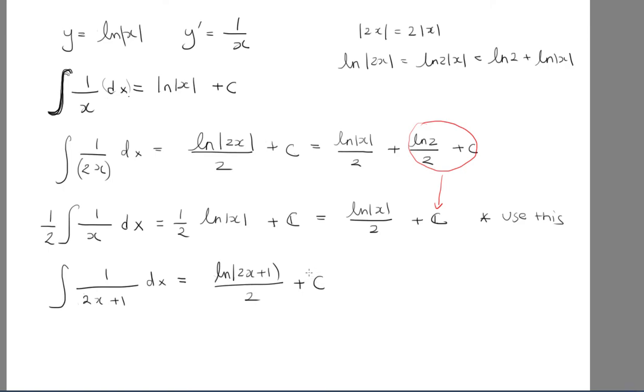Okay? So this method is pretty much the same method as this method here. Right? So you need to know this. When it's a single term like 2x or 3x, then you use this method. You take the 3 out or 2 out, and then do the integration of 1 on x.